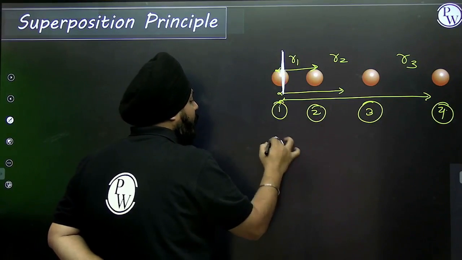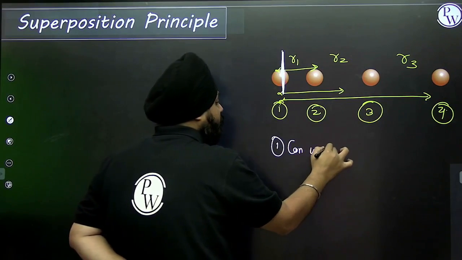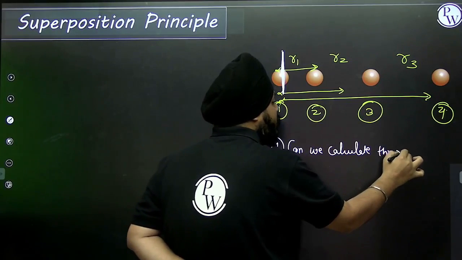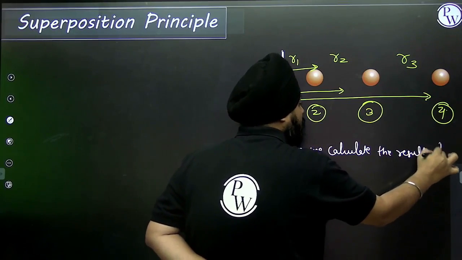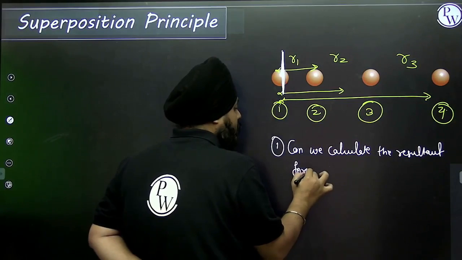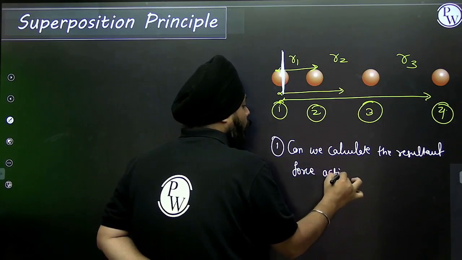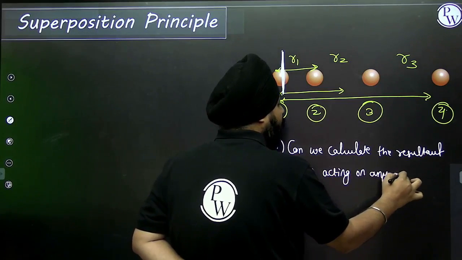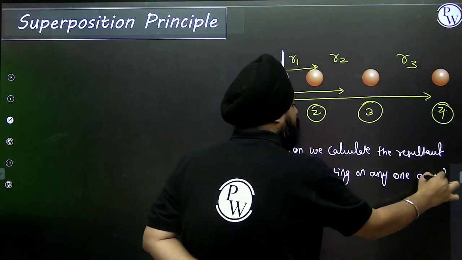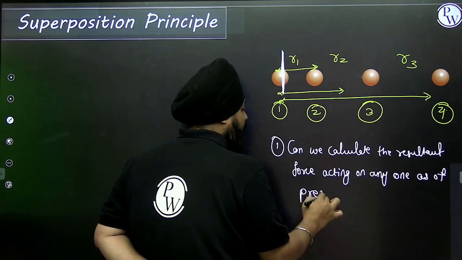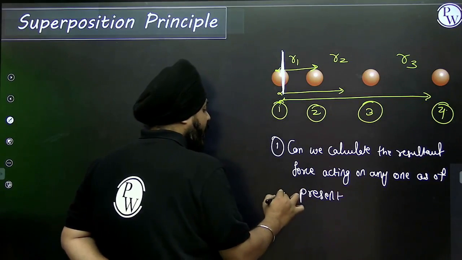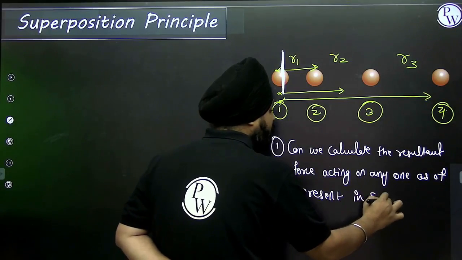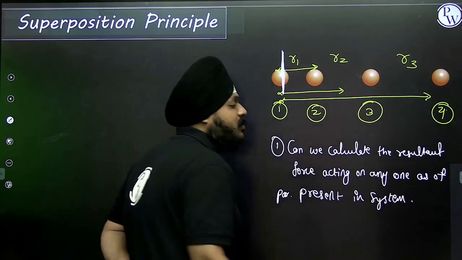Can we calculate the resultant force acting on any one particle as because of the particles present in the system?